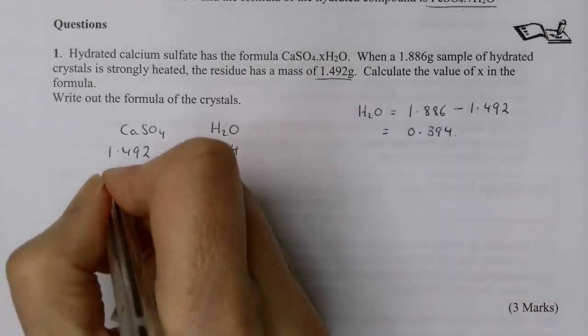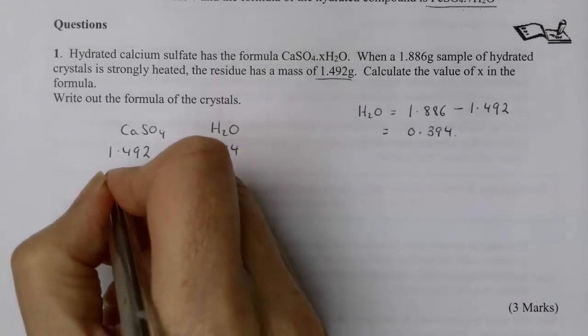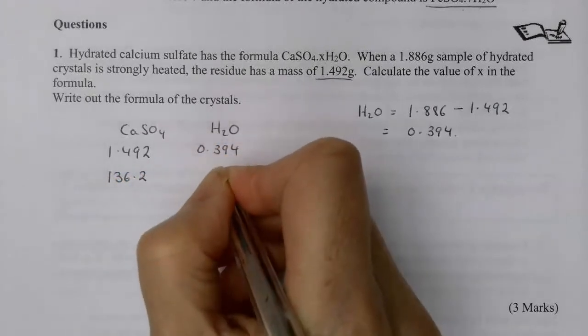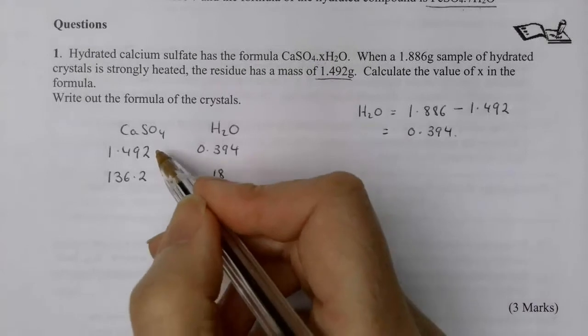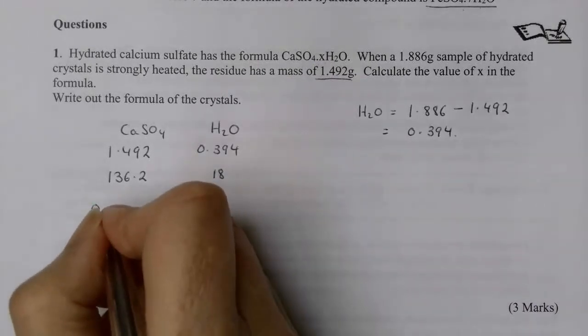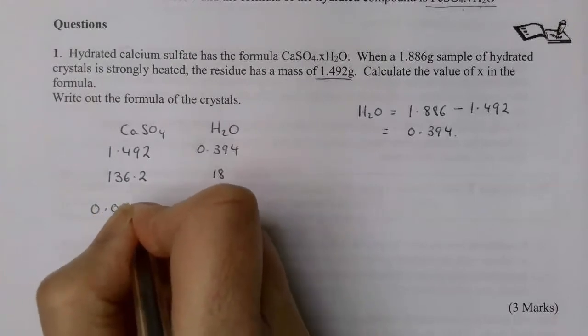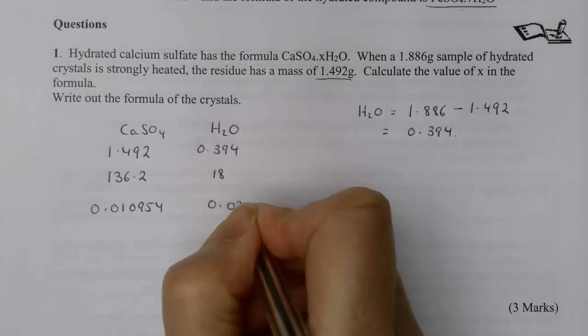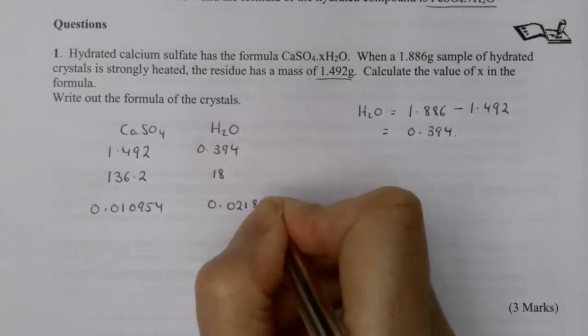Now the RMM of calcium sulfate is 136.2 and the RMM of water is 18. I'm going to divide to find the number of moles. So I get 0.010954 and I get 0.02188.